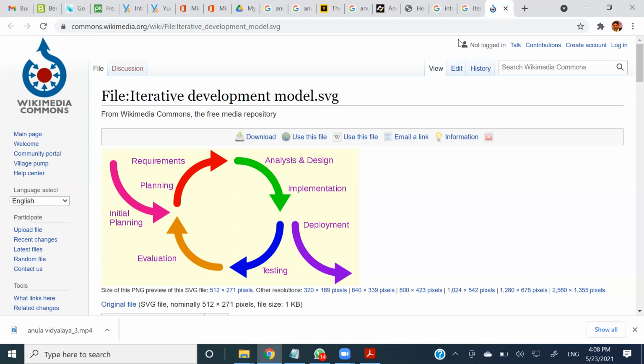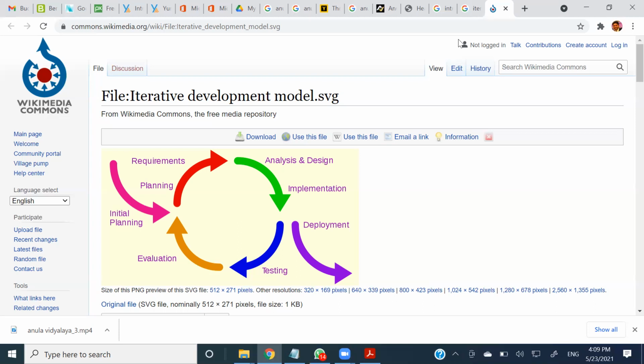So the major difference is that. And when it comes to cost, the waterfall method will incur you less cost, but the iterative method will incur you more cost, because the requirements can be changed, then those can be addressed, evaluated and tested, so it will incur you more cost.